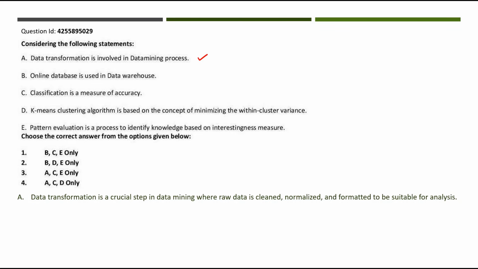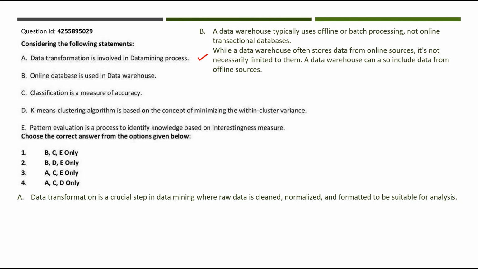What about B? Online database is used in data warehouse. A data warehouse typically uses offline or batch processing and not online transactional database. Or you can take it in this way: while a data warehouse often stores data from online sources, yes, it takes data from online sources, it is not necessarily limited to them.